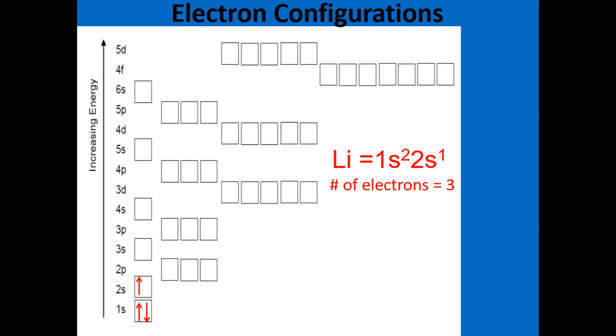And that is the highest energy level, which is 2. Therefore, the valence shell is going to be the 2s. So we would circle that. And then the number of valence electrons is just however many electrons you have in your circle. So we have 1 valence electron.